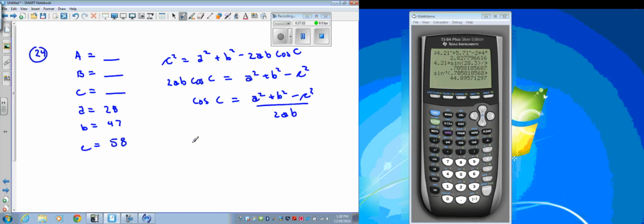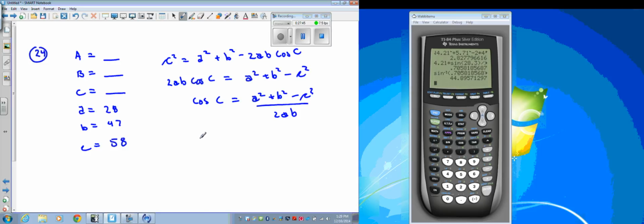And the one thing we didn't check is you always want to make sure that the sum of any two sides is larger than the third side. And it is. So you don't have a situation where you don't have a triangle.